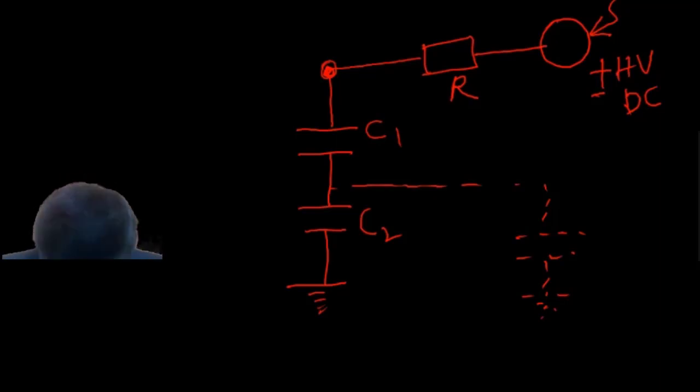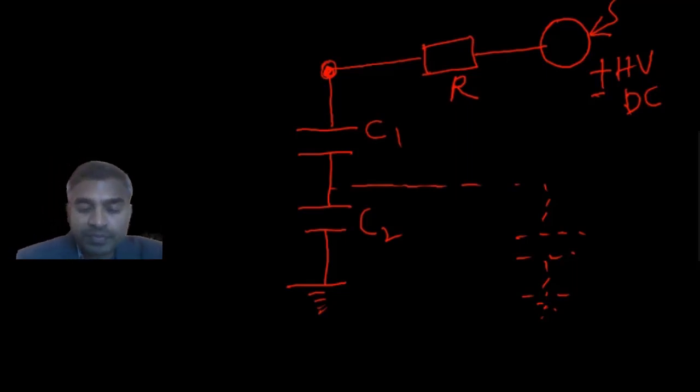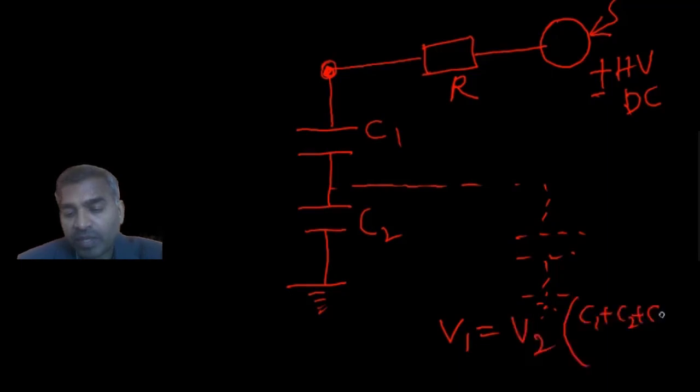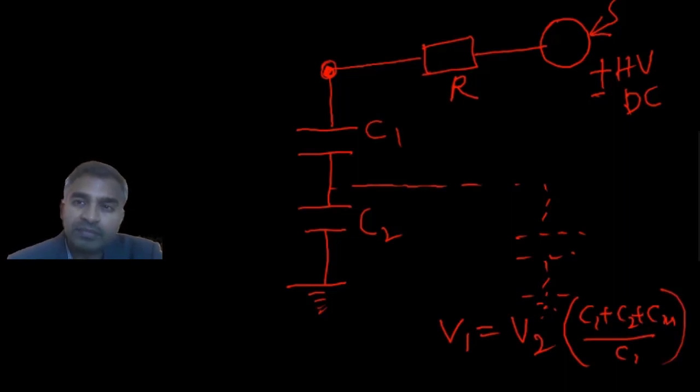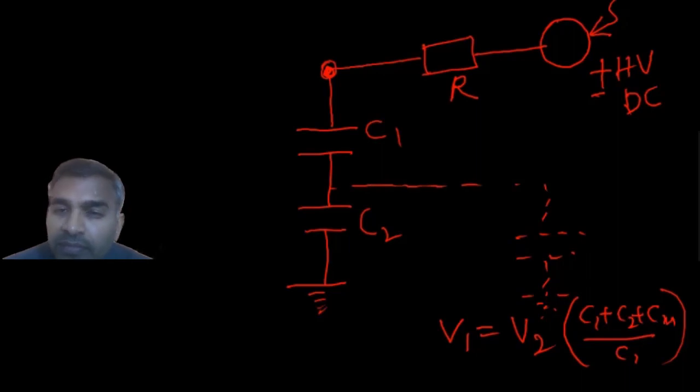Okay. Next, whether the ratio will change, the voltage ratio, or is V1 still equal to V2 into (C1 plus C2 plus Cm) by C1? Same, sir. Same. And then what about impulse voltages, of different frequencies?